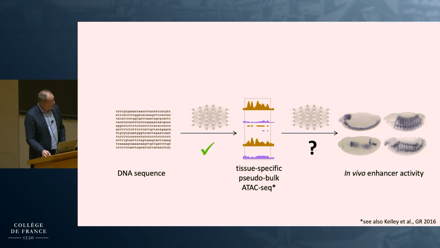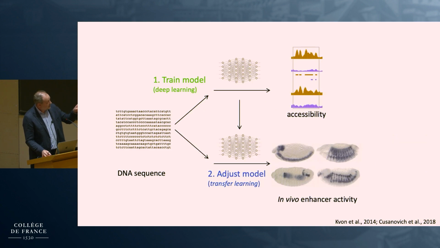So subsequently, Bernardo took this model that we call the DNA to accessibility model and adjusted or fine-tuned it to now directly from the DNA sequence predict enhancer activities. And again, we chose for, in this case, 4 different tissues: the central nervous system, the epidermis, the gut, and the muscle.